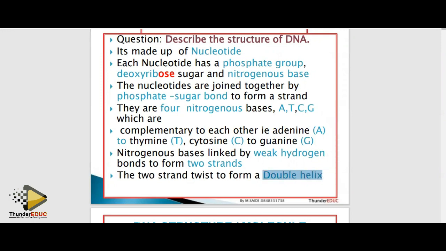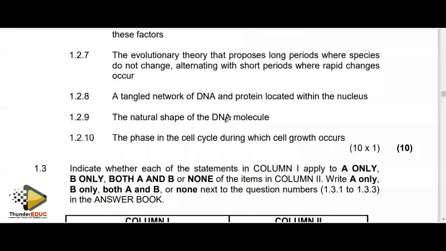So basically, the book answers that question also. Then another one is the phase in the cell cycle during which cell growth occurs. When does cell growth occur? We shall see that cell growth occurs in interphase.